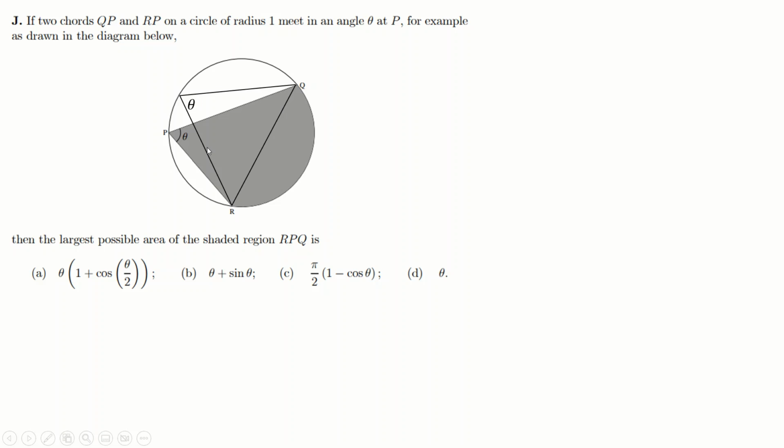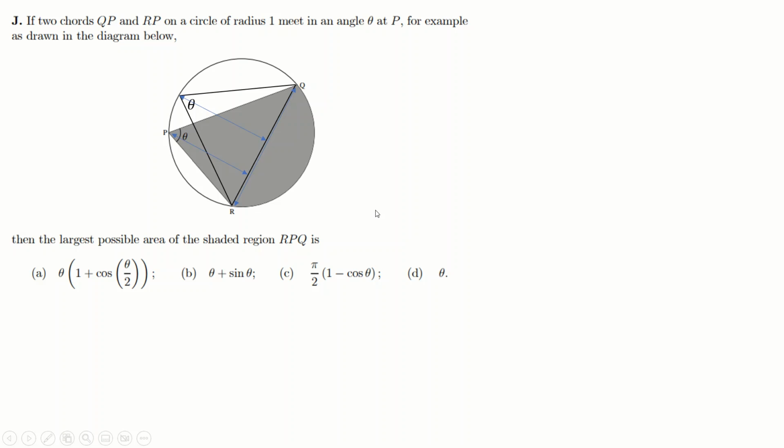But the area of the triangle, wherever you put these two lines, always has the same base, and its height perpendicular to it is at its largest when you go straight out to the end of the circle here. Right? So for example, this triangle here has a bigger area than this triangle here because you're using the same half times base, and the perpendicular height is taller when you're right out in between Q and R. And so the biggest area you can get is when you put this angle theta in the middle of Q and R. So that's the first thing I'm going to say.